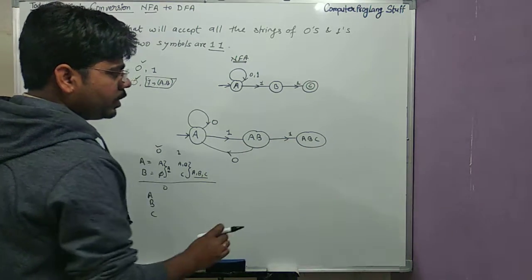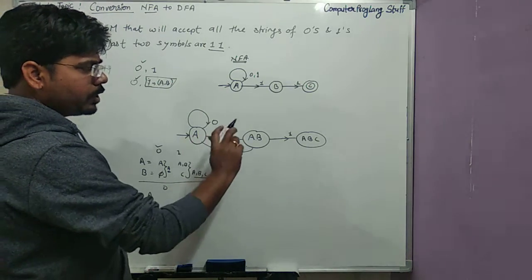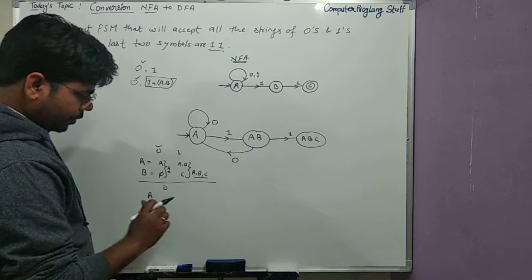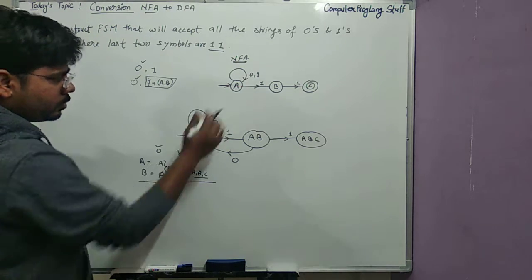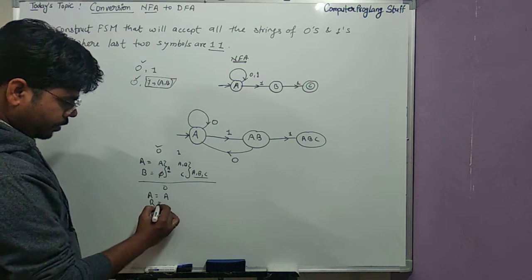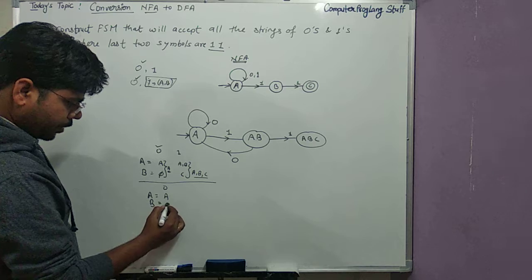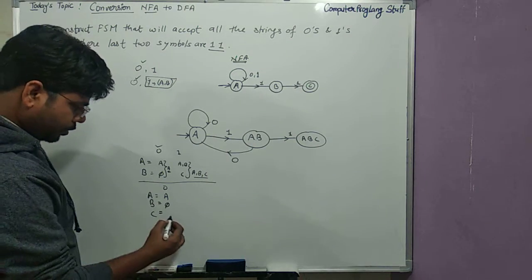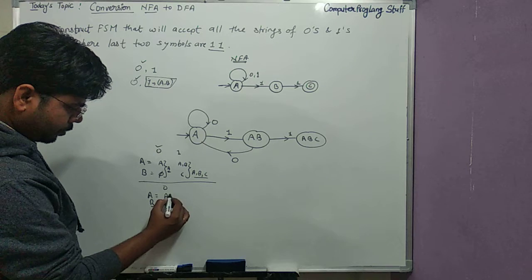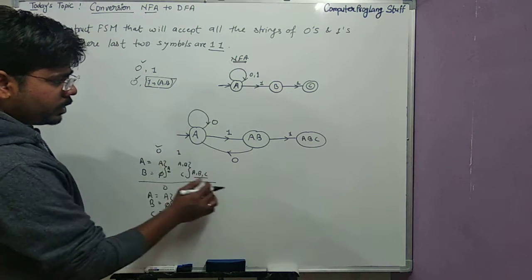Now from this we have to continue this process until we are not getting a new state. From A, for the 0 transition you will get A. From B there is no transition for 0, so you get phi. And from C as well we have no 0 transition, so again phi. So finally you get A, and A is already present here.